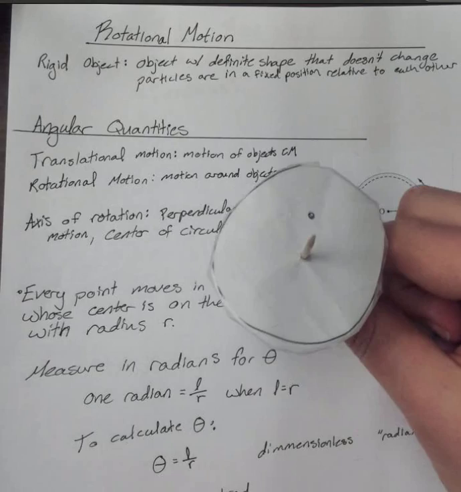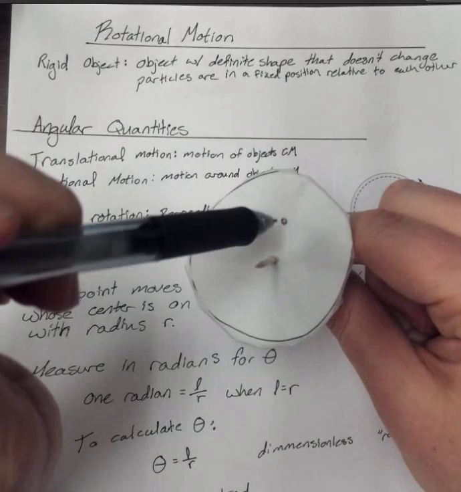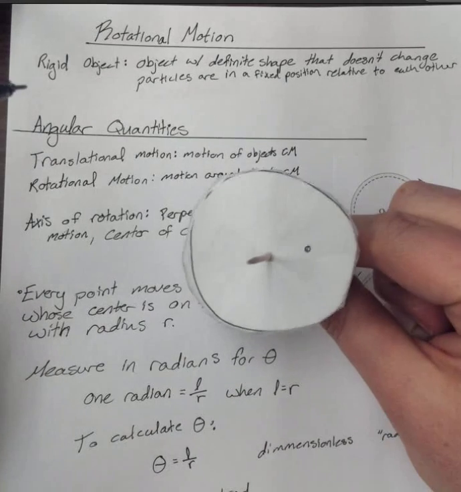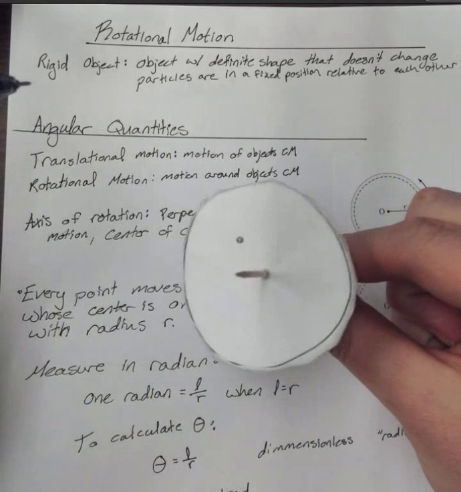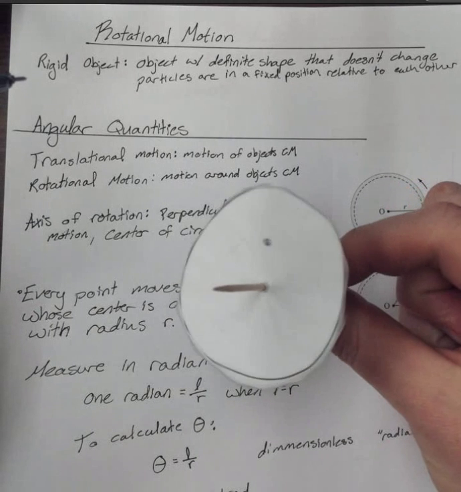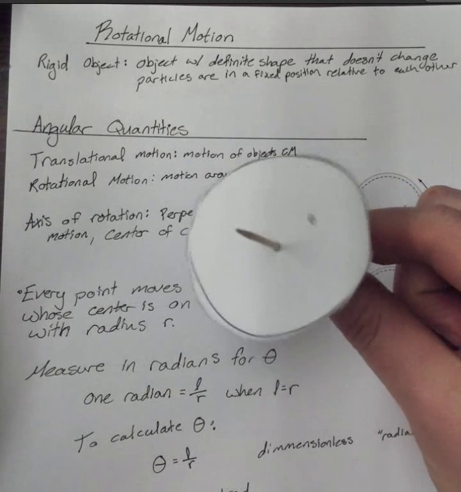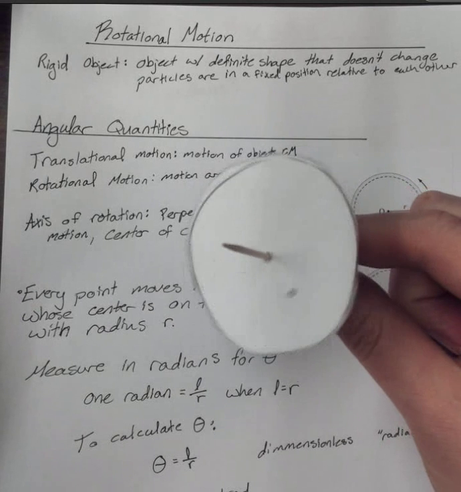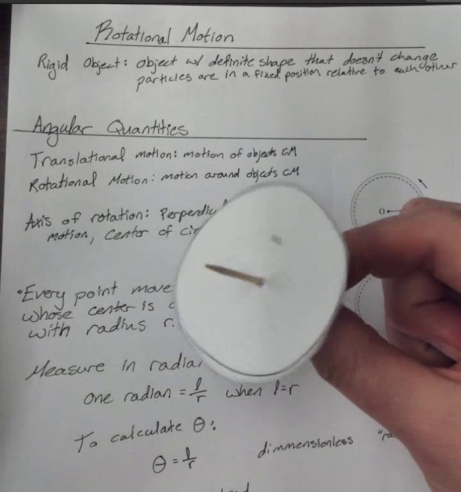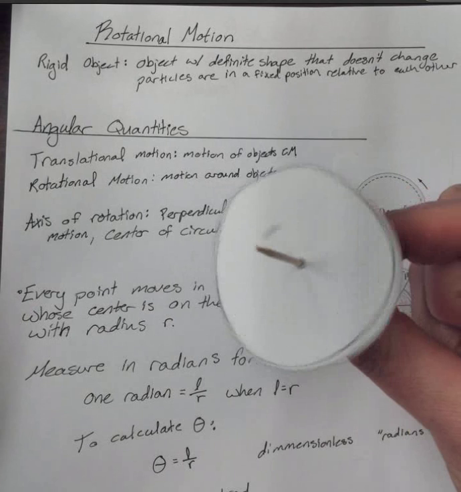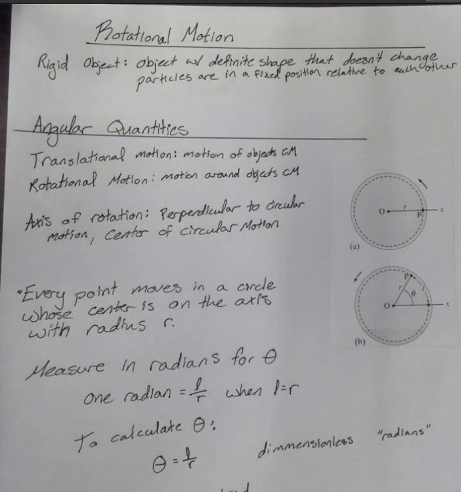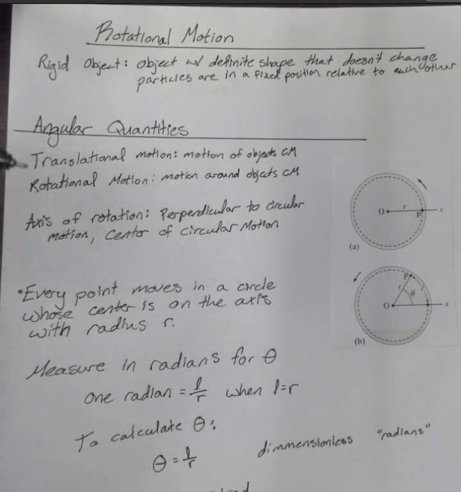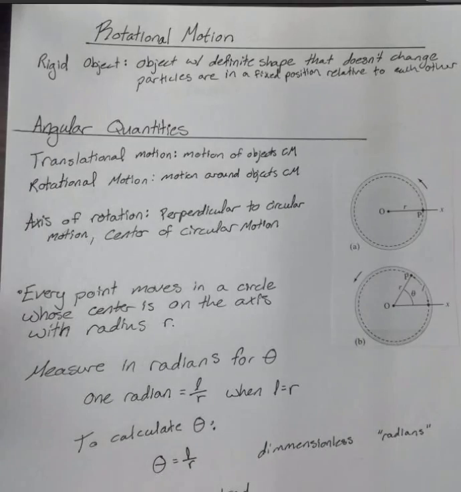So now we're looking inside of it at a particle, and how that particle moves over time around a certain point. I said around an object's center of mass, but that's not always the case. The around that we really want to focus on is the axis of rotation. The axis of rotation is always perpendicular to the circular motion, and it's always the center of the circular motion.